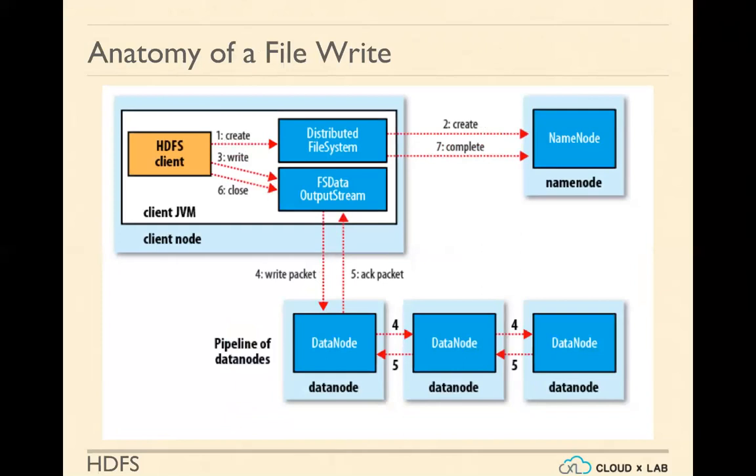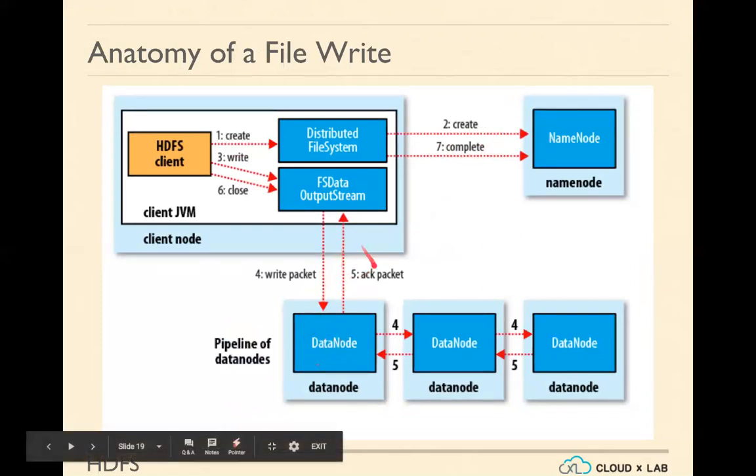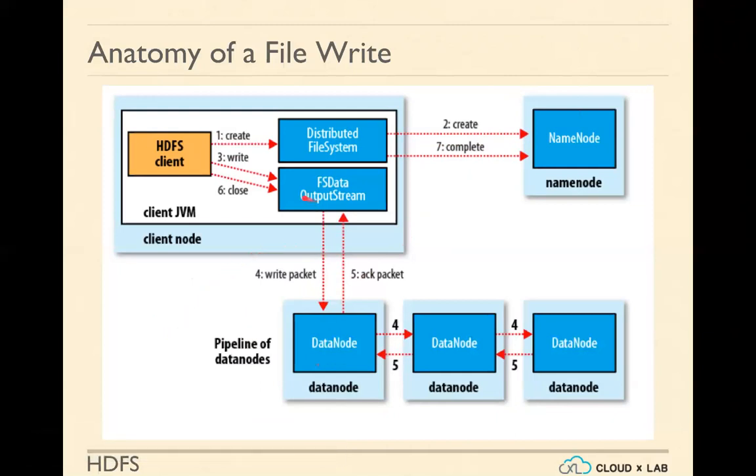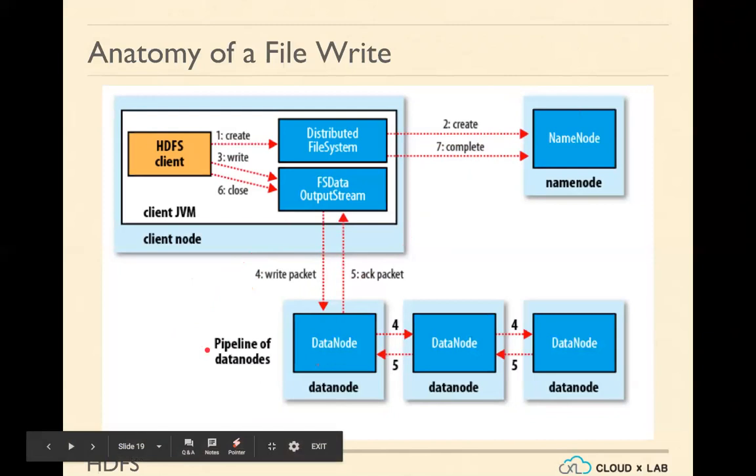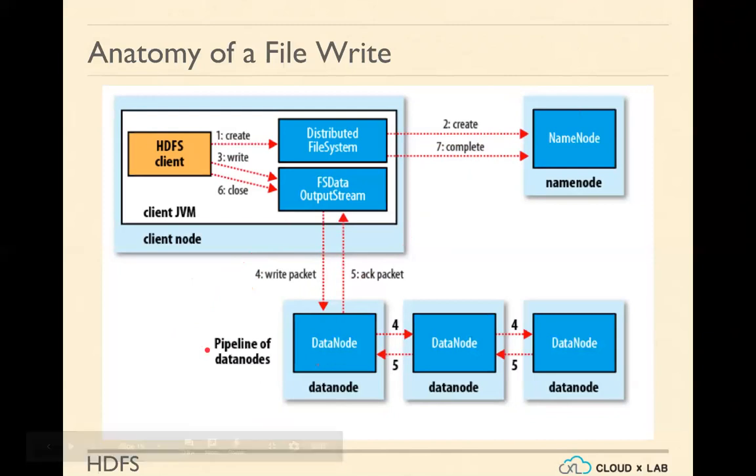But in certain circumstances, maybe the first block is going to this one, the second block is going somewhere else. And so in those cases, there will be multiple writes. If the file is bigger than 128 MB, there will be 2 blocks, right? Two primary blocks, each block having 3 copies each, right?